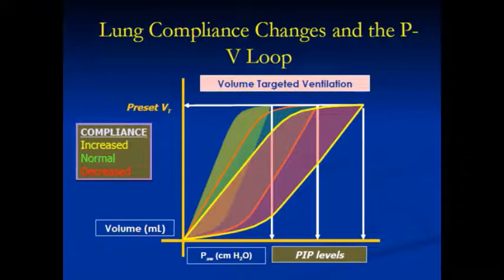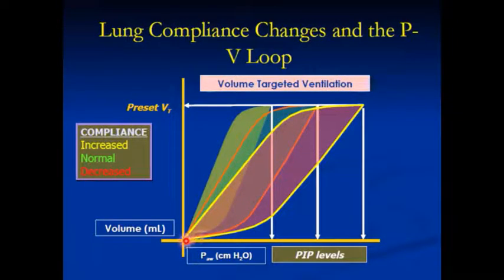And this is the lung compliance changes and the pressure volume loop in case of volume control ventilation. Here you can see this loop is the normal one.